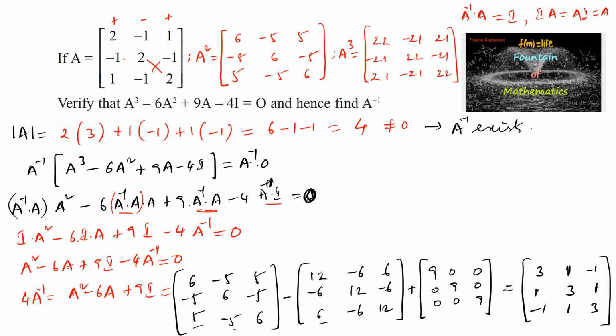So we got 3, 1, minus 1, 1, 3, 1, negative 1, 1 and 3.